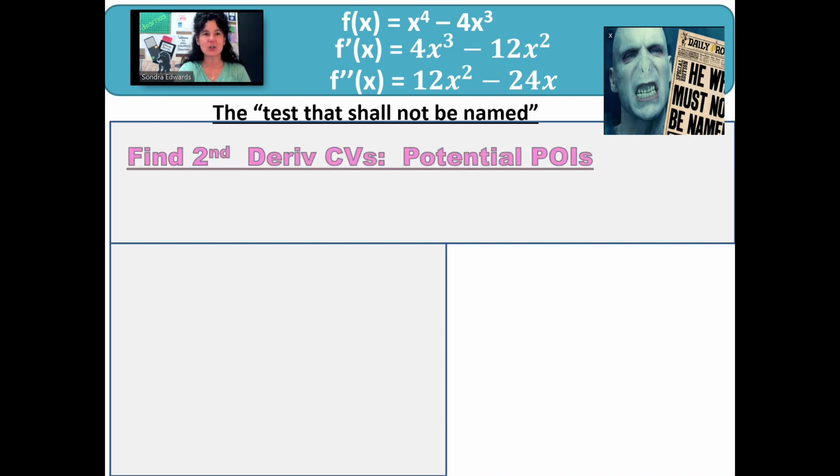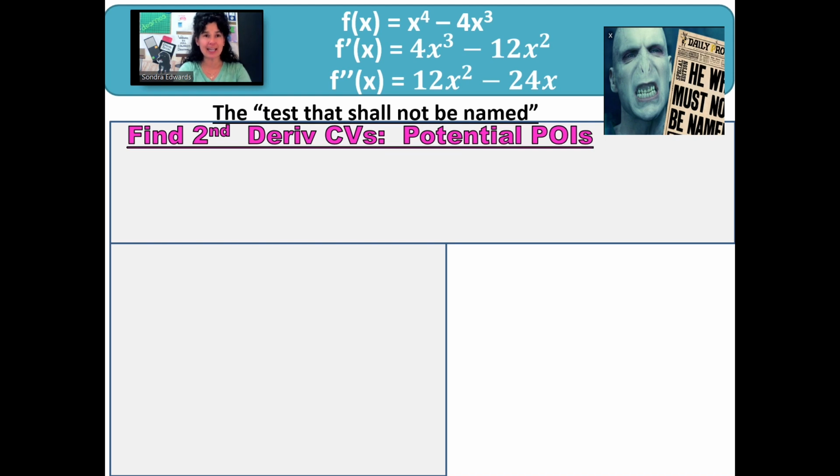All right, silly story, but ultimately, the first thing you want to do is find the second derivative critical values. These second derivative critical values are possible or potential points of inflection. So those are the numbers that make our second derivative equal 0 or undefined.